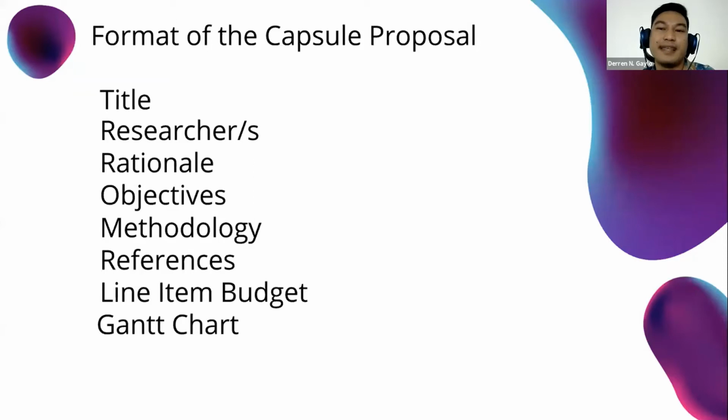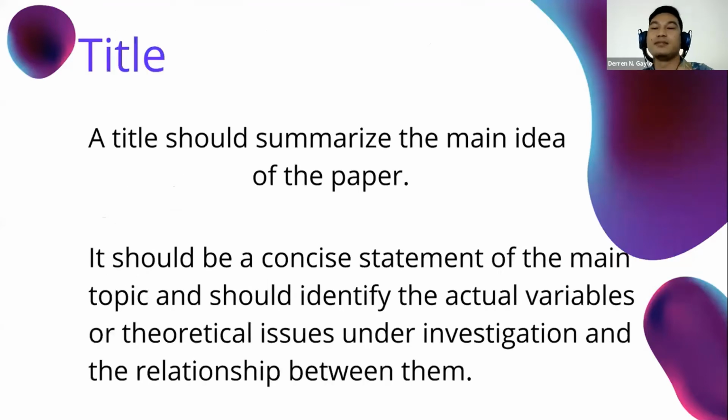So with that, I need to look into the fibers of the parts of the capsule proposal. Let's start with the title. If you will write a title, the title should summarize the main idea of the paper.